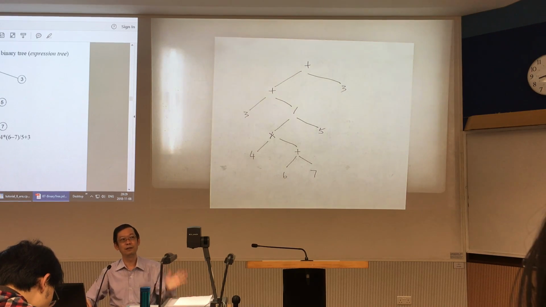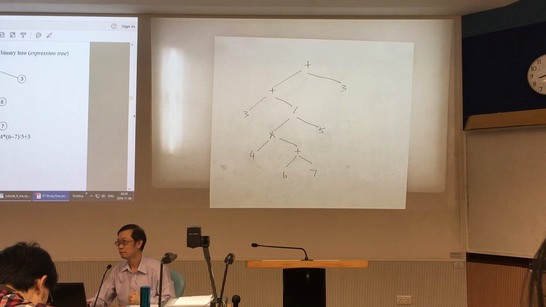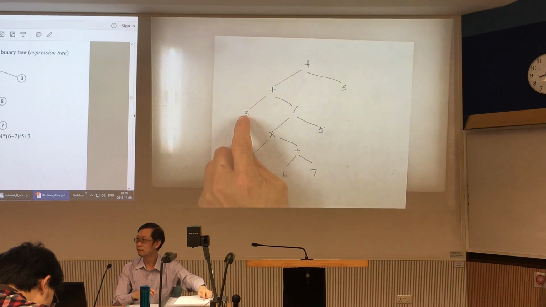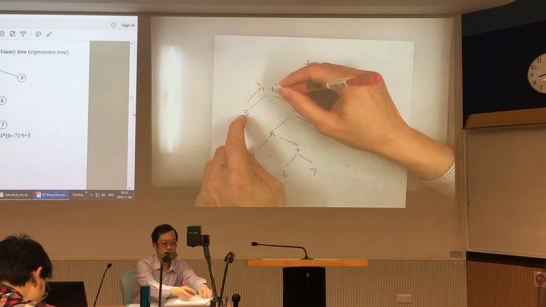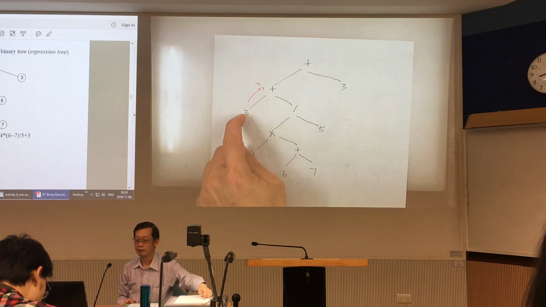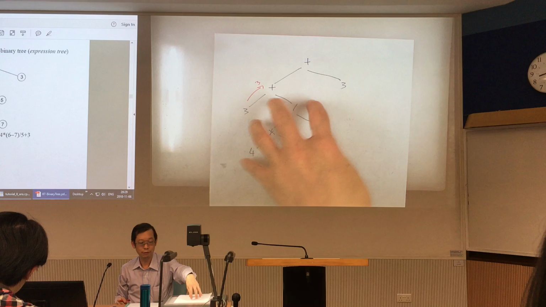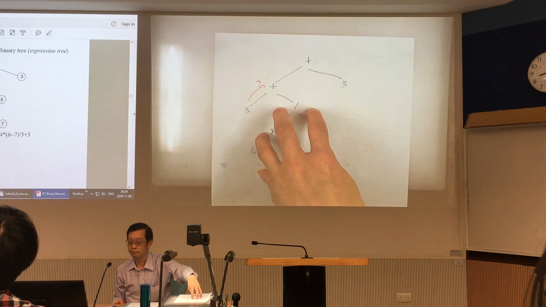Now, if we are going to traverse the tree in post order, okay, first we get 3. Okay, so we return the value 3 to this addition operator. But before we can evaluate the addition operator, we need to evaluate its right subtree. Okay.